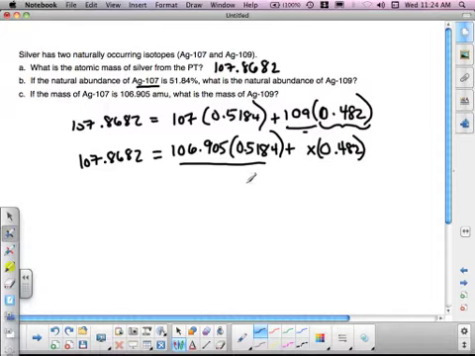And that comes out to 55.4 plus 0.482x equals the 107.8682. All right, so I'm going to subtract the 55.4 from both sides.